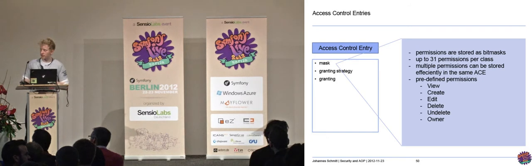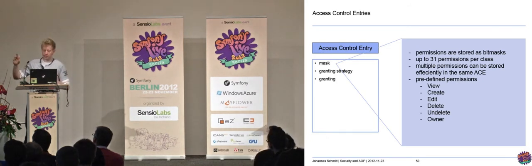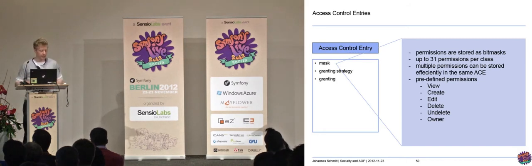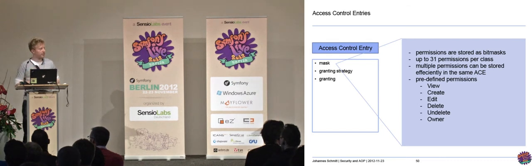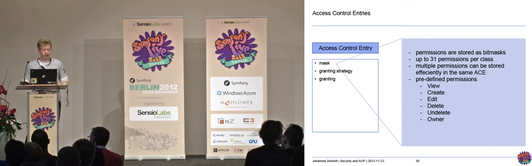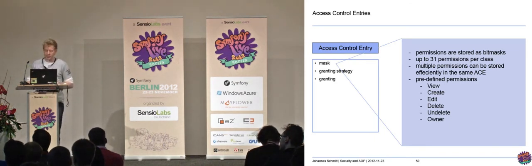So you're not restricted to 31 in your entire ACL system, but it's 31 for each class that you have. Using these bit masks allows us to store multiple permissions in a single database entry, and we don't have to create one database row for each permission, which is very efficient and also can be checked more easily in the code.